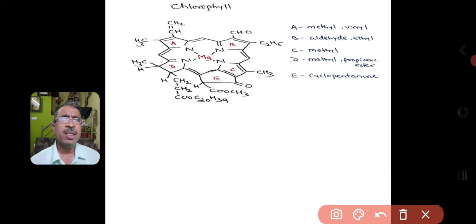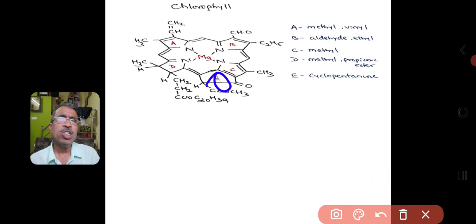In the C pyrrole ring, we have a methyl group and we don't have the propionic acid group like in hemoglobin. And in the D pyrrole, we have methyl, and the C pyrrole is linked with the methane and forms an E ring.